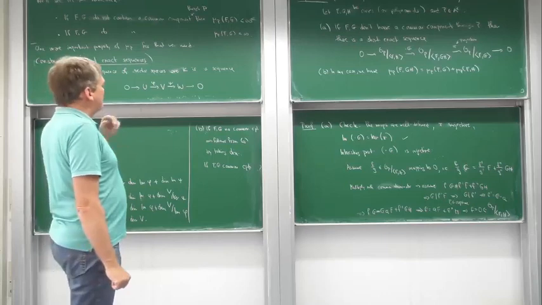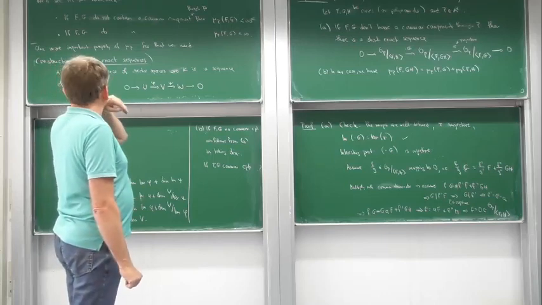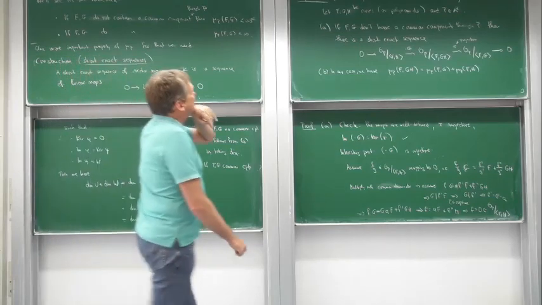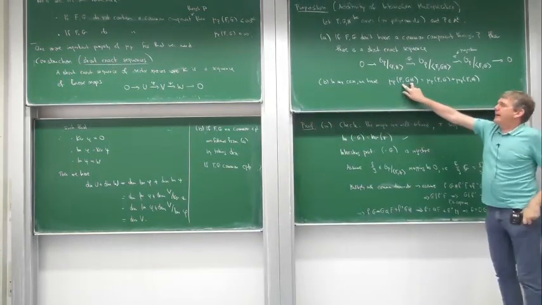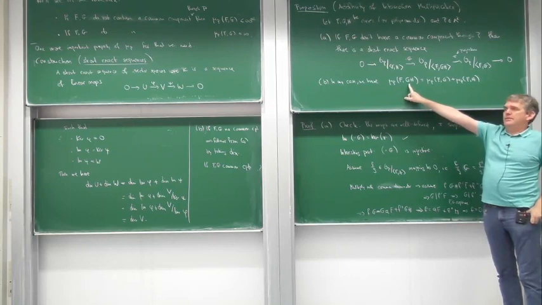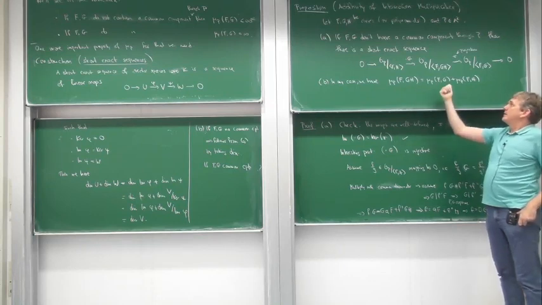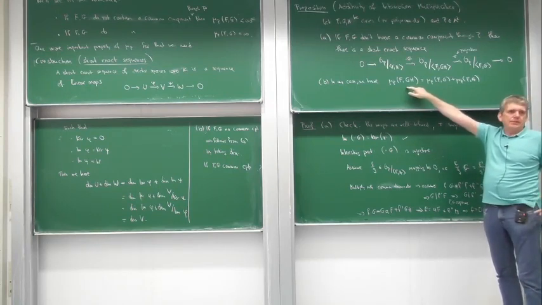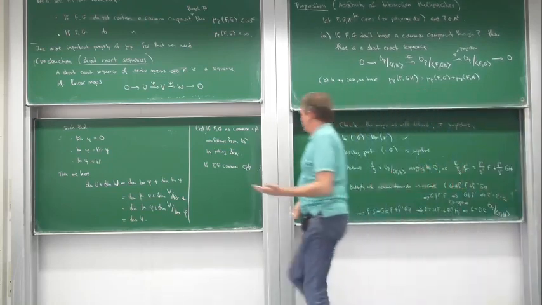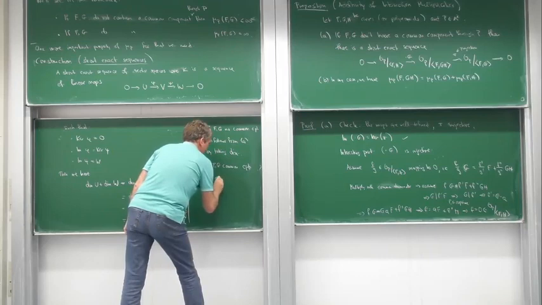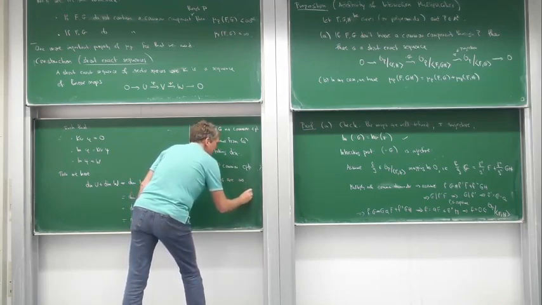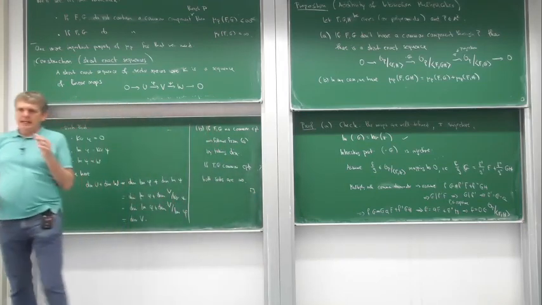Because if F and G have a common component, then the other side has a common component as well, because that has the same component as that. So it means there's infinity here and infinity there, and it's just true. So both sides are infinity. And that shows it in any case.